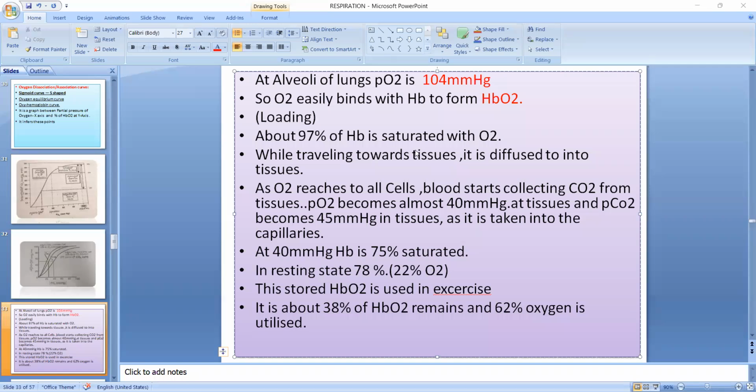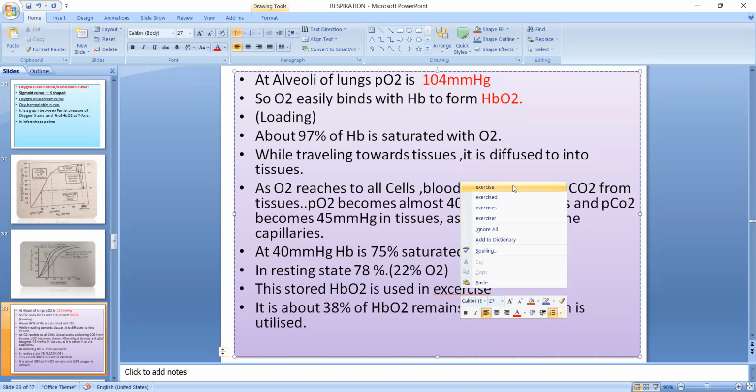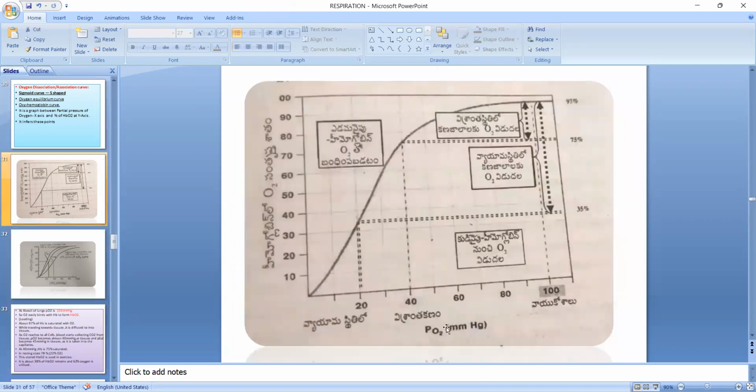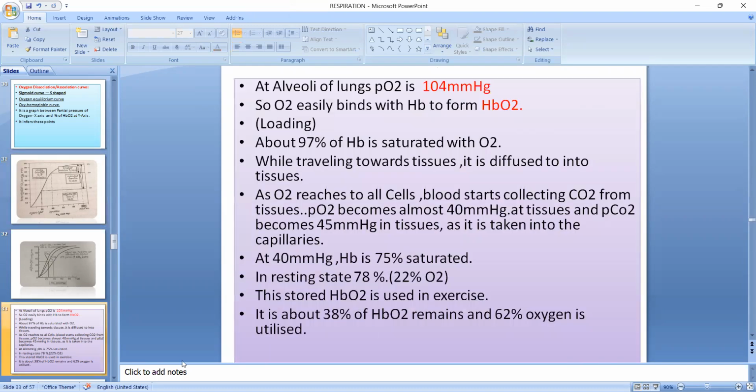సో నెట్ సెట్ లాంటి ఎగ్జామ్స్ లో మనకున్న నాలెడ్జ్ బట్టి ఆన్సర్ చేయగలుగుతాం, రైట్? అందుకే ఐఎమ్ ట్రైంగ్ టు ఎక్స్ప్లెయిన్ స్లోలీ, రైట్? సో ఎట్ 40 mmHg Hb ఈజ్ 75% సాచురేటెడ్. నేను ఇందాక చెప్పాను, ఇక 45 దగ్గర 75% సాచురేషన్ అనేది ఉంటుంది, రైట్?